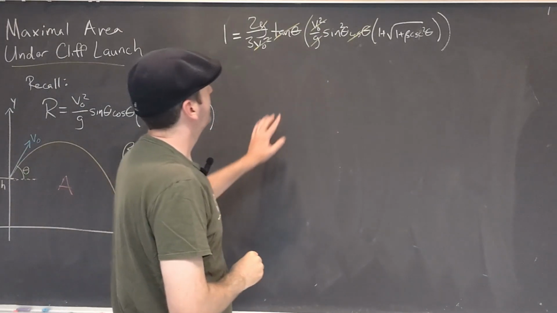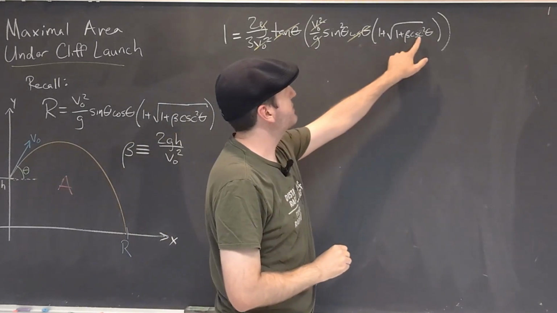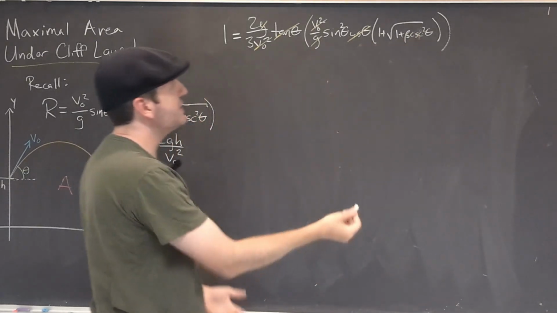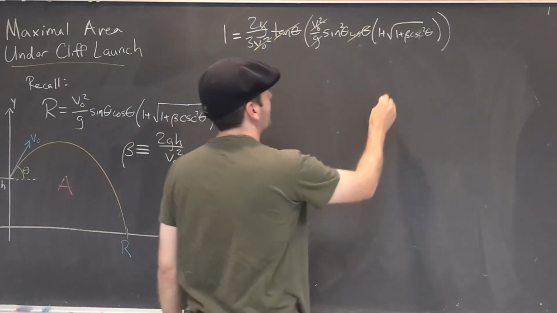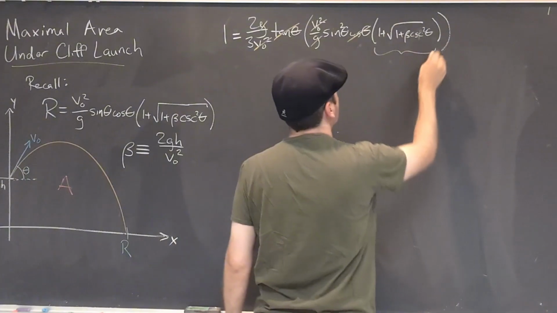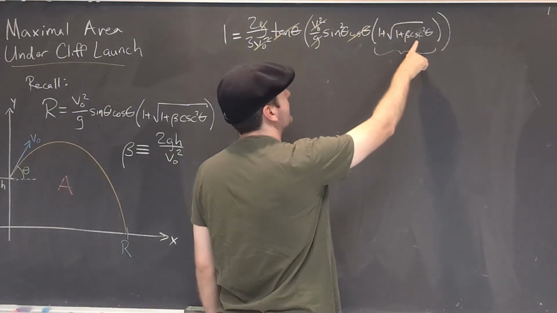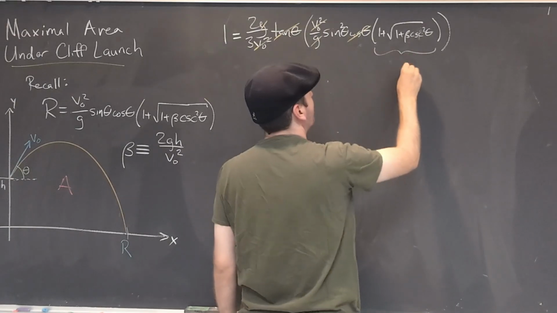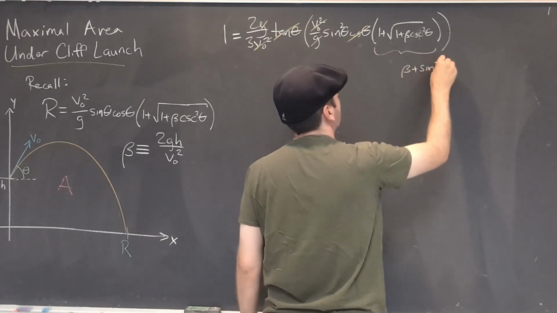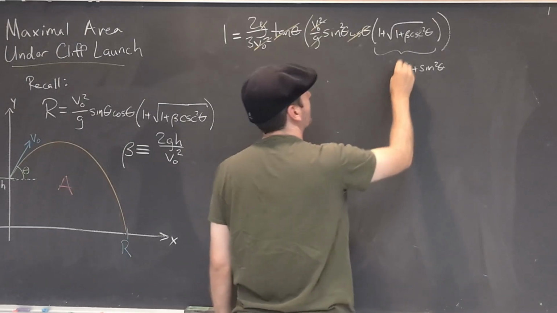And then let's pull this cosecant squared out of the root by finding a common denominator in there. So all of this will become, let's see, I have a sine squared under here, so I'll have a beta plus sine squared theta under the root.